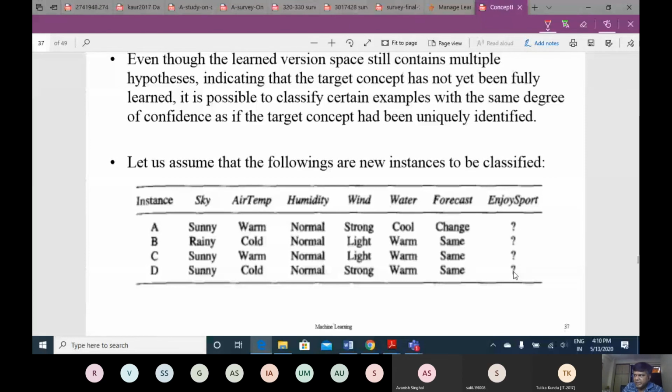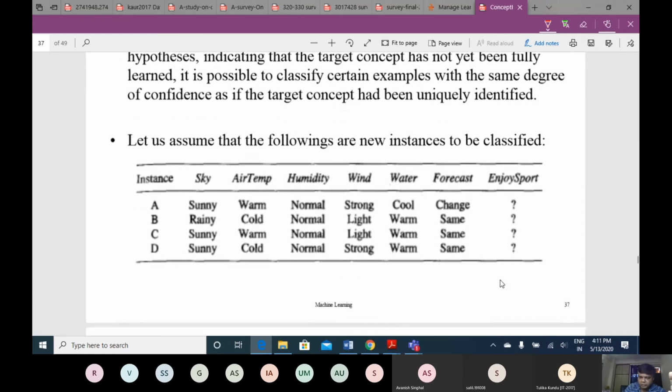So we cannot say the exact answer, but by checking this example and matching with all the hypotheses of the given version space, we can make out that although we cannot say totally it is positive or negative, most of the percentage is negative. So most probability of this example getting enjoy sport no is there.